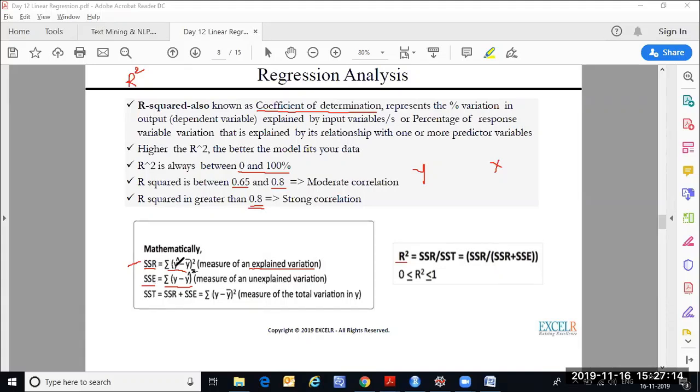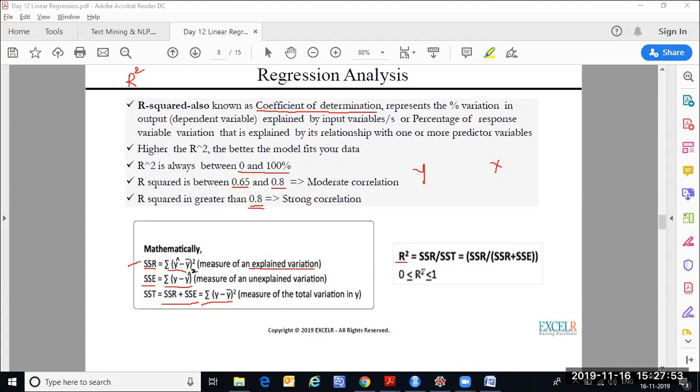This explained variance tells us, through the model you are using, to what level of accuracy you are predicting. Unexplained variance is how far you are going wrong. Now, the sum of these two, sum of squared residuals and sum of squared error, tells how far your actual data is deviating from the mean value of it.